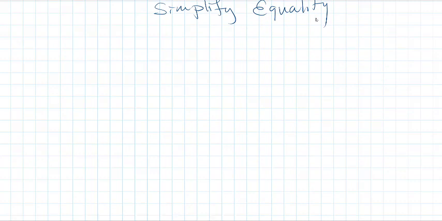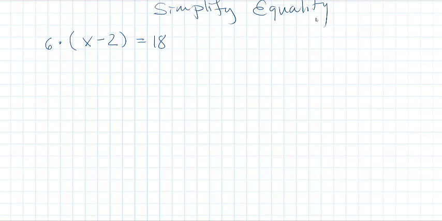So let's get started. Our first example here will be 6 times, in parentheses, x minus 2 equals 18. Now we're starting with this example, which is actually quite similar to one of the examples we did in the previous video. The reason we're starting with this is because there are two ways we can solve this.